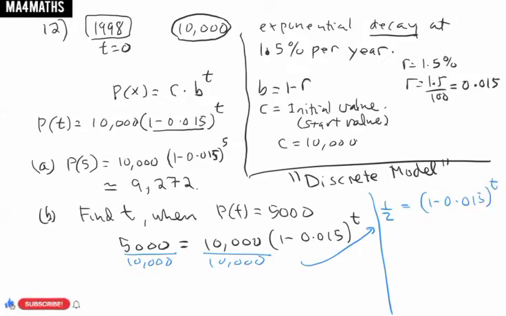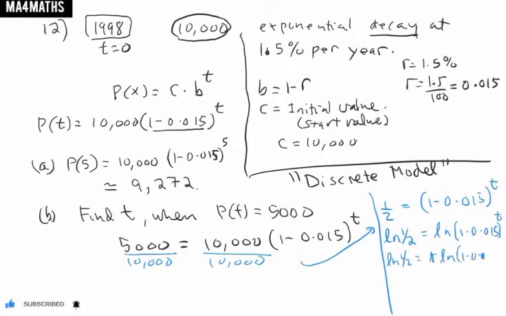The way to solve this is to do what to both sides? Does anyone remember? Log. Yes, very good. So we'll take log of both sides. And this is 1 minus 0.015 to the T. This is log of 1/2, which is T log of 1 minus 0.015.